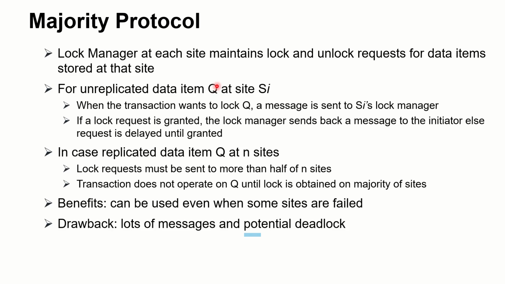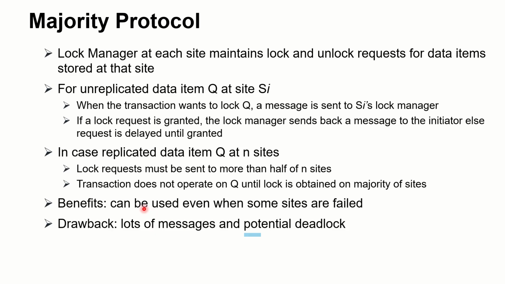But when a data item Q is stored at n sites, we need to put lock requests on more than half of the n sites, and the transaction does not operate on Q until the lock is obtained on a majority of sites. So let's say there are 10 sites, then the transaction will not execute on the data item Q until it gets locks on more than five sites.